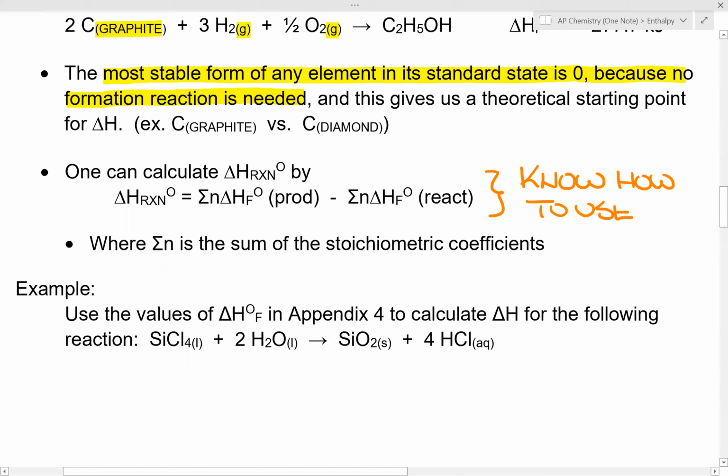You will be given this formula. You don't have to memorize it. You just need to know how to use it. Now, you might say, what is this n? So n is the sum of all the stoichiometric coefficients. Now, what do I mean by this?